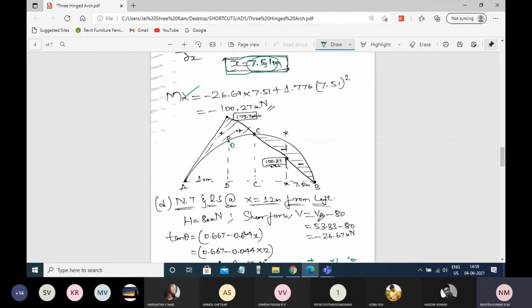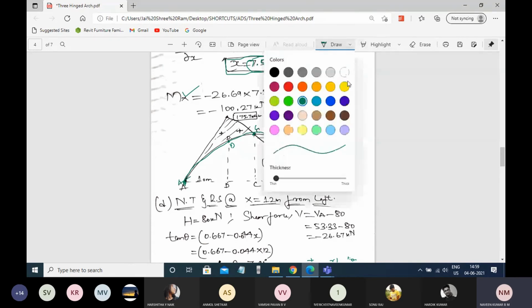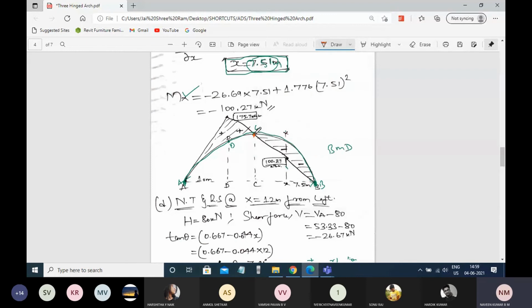Now you can easily draw the bending moment diagram. How to draw it? You just draw the three-hinged arch and mark the hinges A, C, B, where moments are zero. At these hinges the moments are zero, and we got the maximum moment at D, which equals 175.7 kilonewton meter.